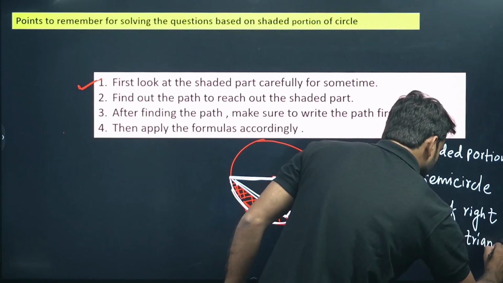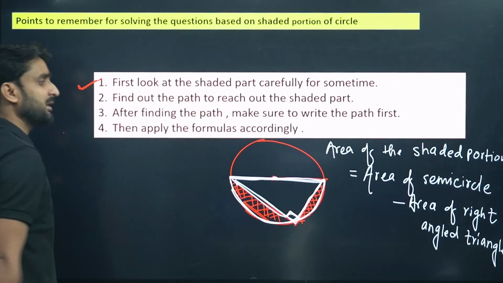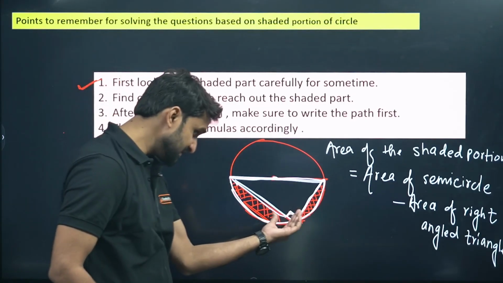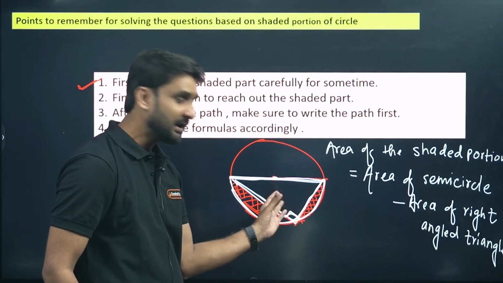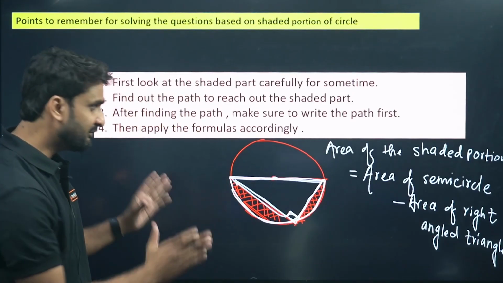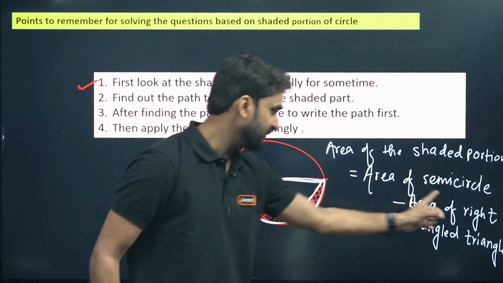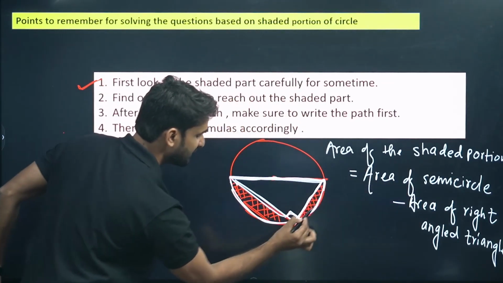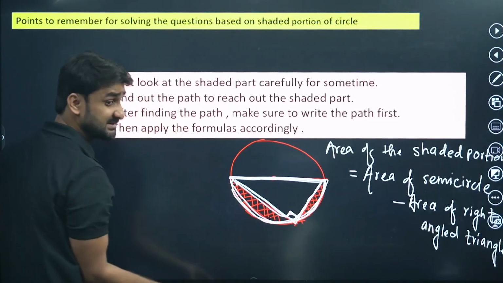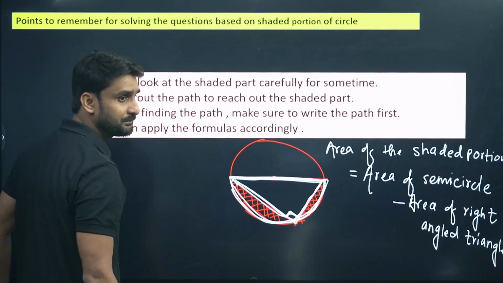So what we need to do in a shaded portion question: first, look at the shaded part carefully. Second, find out the path, as I just applied here. I saw the diagram carefully and found out the path, and the area of the shaded portion will be the area of the semicircle minus this triangle. We know the property of a semicircle: the angle in a semicircle is always 90 degree.